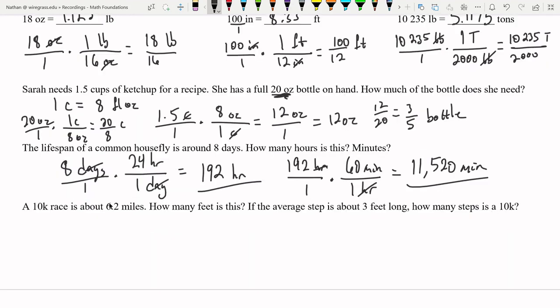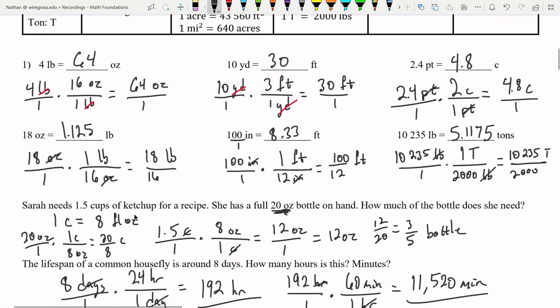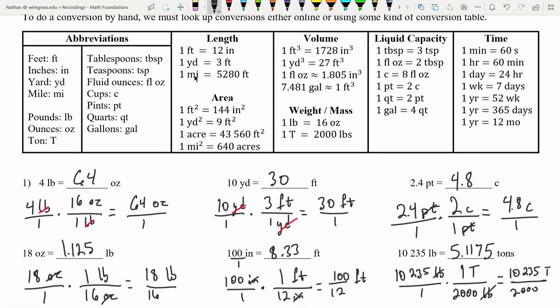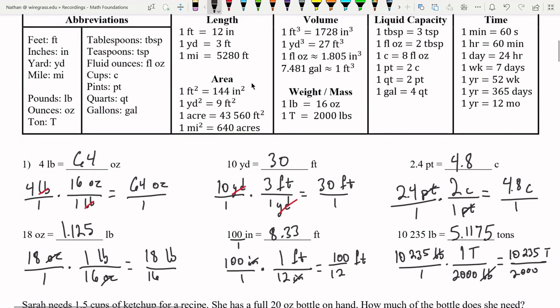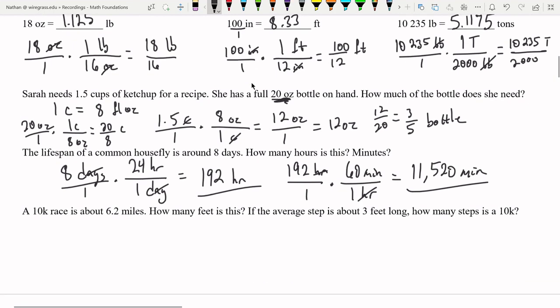A 10K race is about 6.2 miles. How many feet is this? So 6.2 miles, if we go back up to the conversion table, I have 1 mile is 5,280 feet. So 6.2 miles times 5,280 feet is 1 mile.